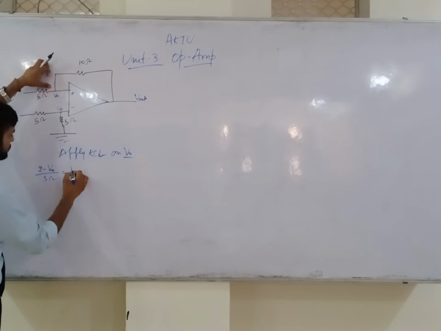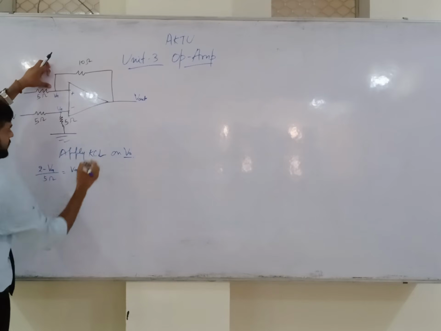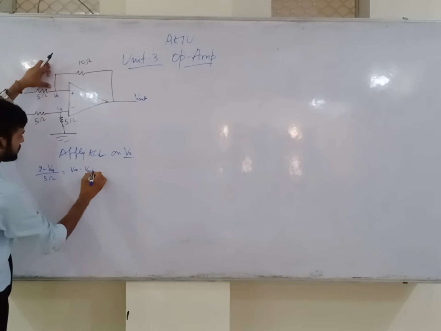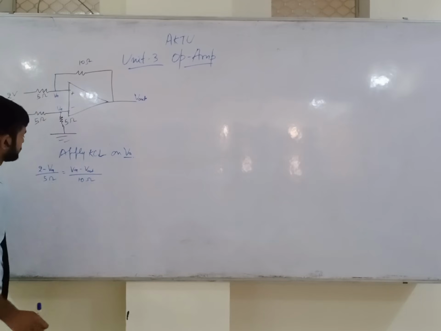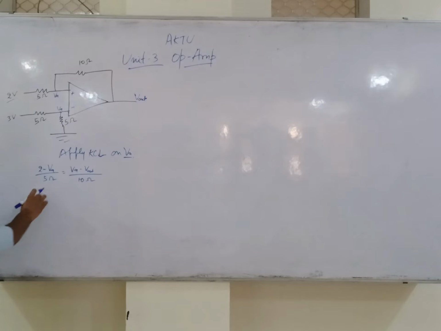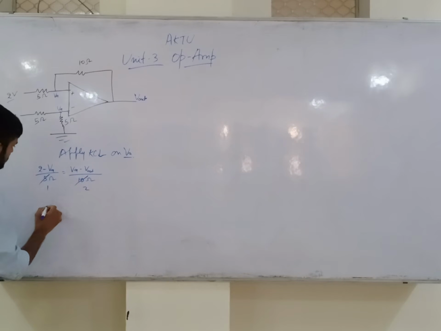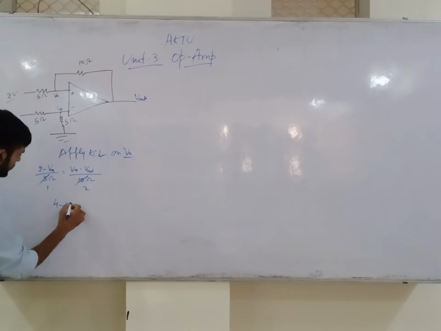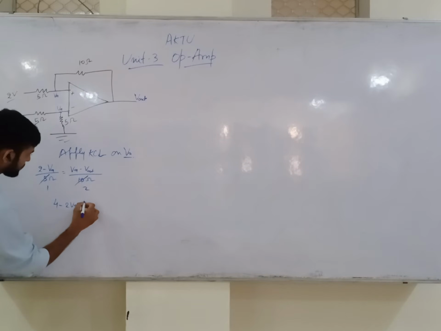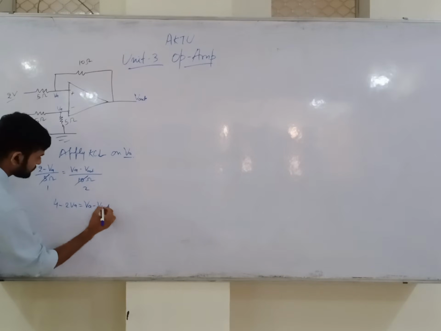VA minus V output upon 10 ohm. On the first question, 5 into 2 is 10, so 4 minus 2VA is equal to VA minus V output.